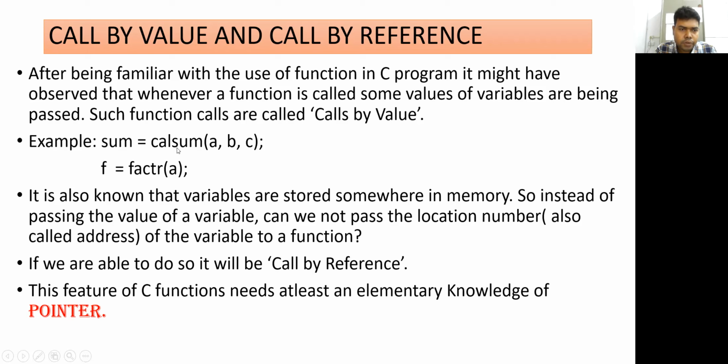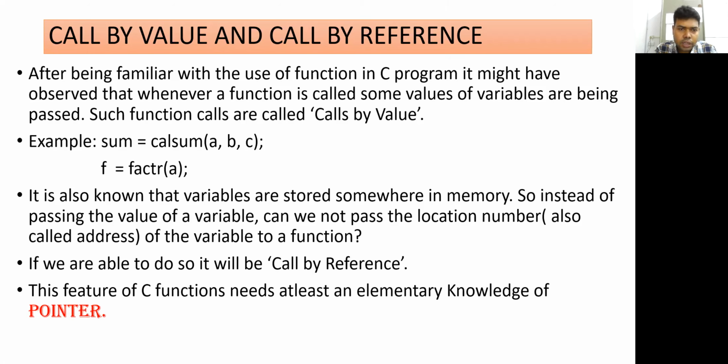And there we have seen that in the cal sum function we will have some variables, like in our example we have given previously, cal sum within bracket x, y, z. So in x, y and z, basically we are passing the values of a, b and c from the calling function, whereas a, b and c are called the actual variables which are declared in the calling function.